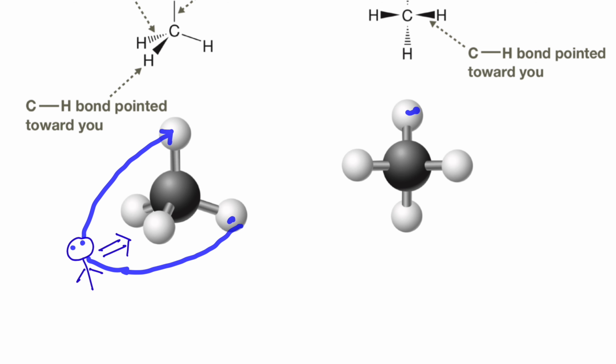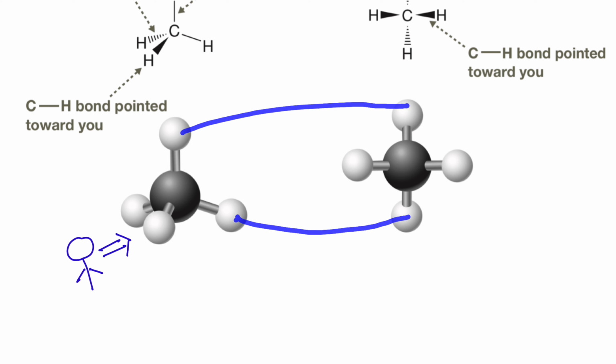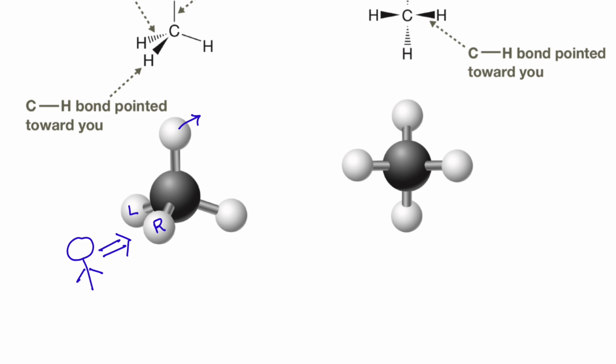So when you see the molecule from this position, you are going to see the molecule like this: this group is coming to the right side and this is coming to the left side, and this one is away from the observer. Let me write, this is 1 and this is 2.